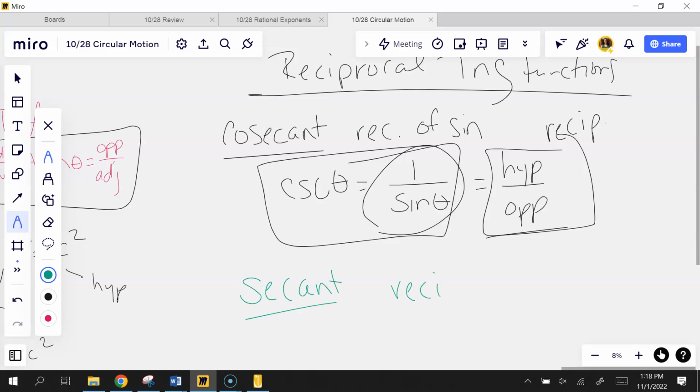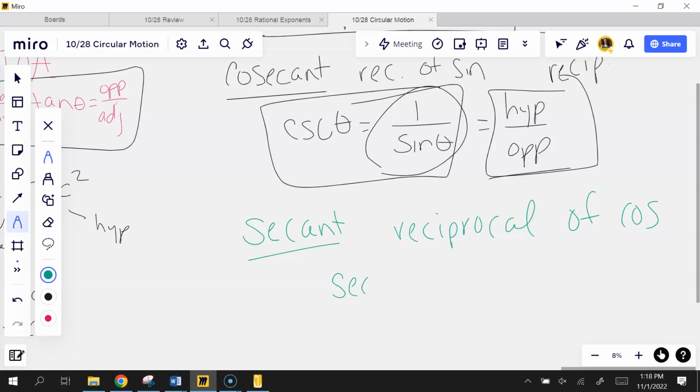All right, and then secant is the reciprocal of which one? If cosecant is the reciprocal of sine, then secant is probably the reciprocal of cosine. That's exactly right. So secant theta is going to be 1 over cosine theta.